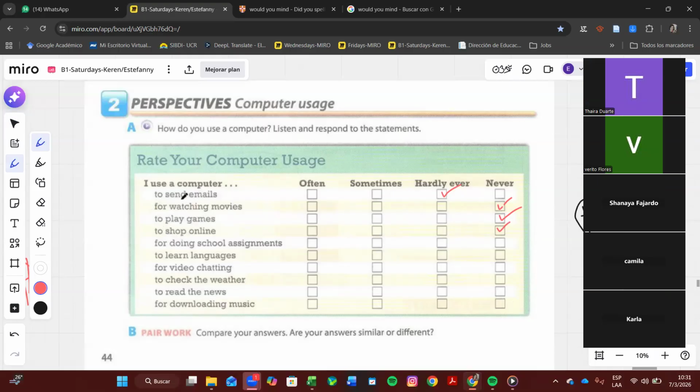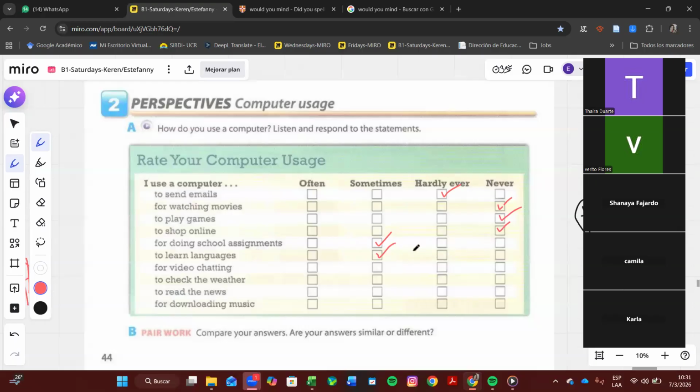How often do you use your computer for doing school assignments? Sometimes. Okay. What about Vero? Vero, are you there? Yes, teacher. Okay, Vero, how often do you use your computer to learn languages? Sometimes. Okay.